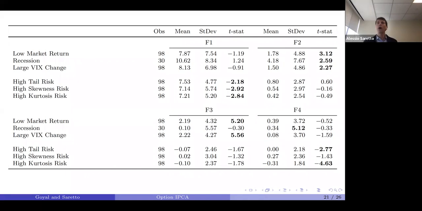They show up when tail events in the aggregate economy are more important. And the third and second factors are hedges. They do well when you have either low market returns or large jumps in volatility.